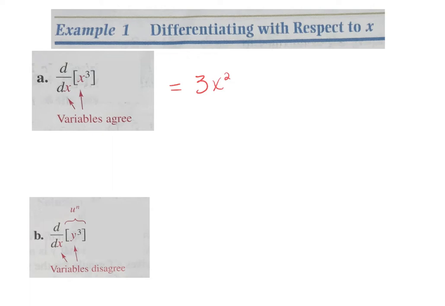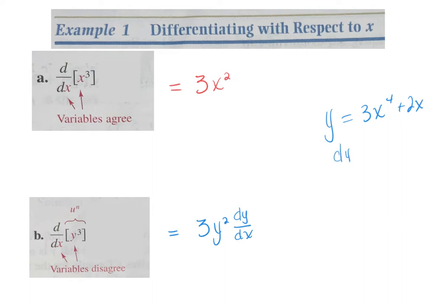But if they disagree, I have to account for that. This is going to be 3y squared, but then I have to tell them that I am deriving the y with respect to x, and I have to put this little dy dx here. Now here's what we've been doing. Dy dx represents your derivative of y. So we've been doing something like this. And technically we have been deriving.